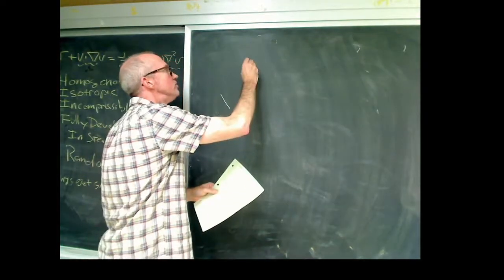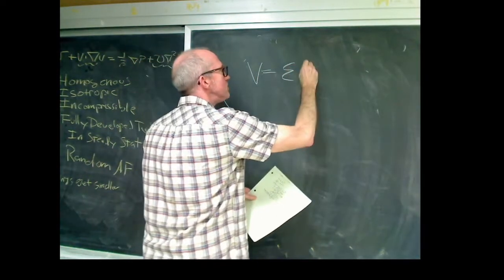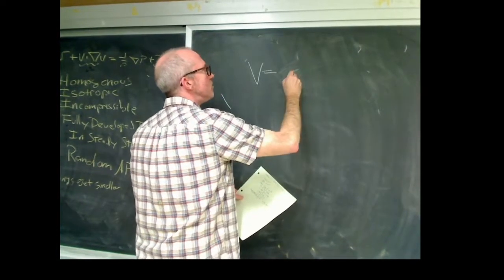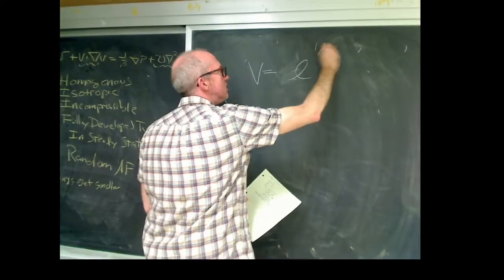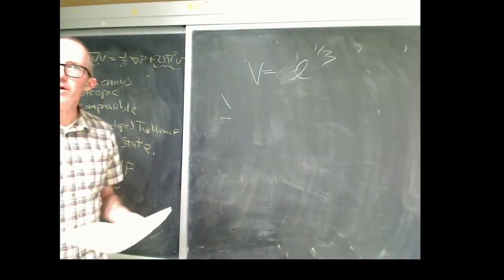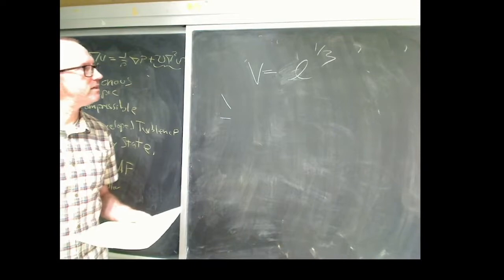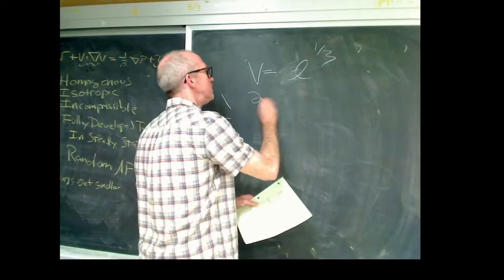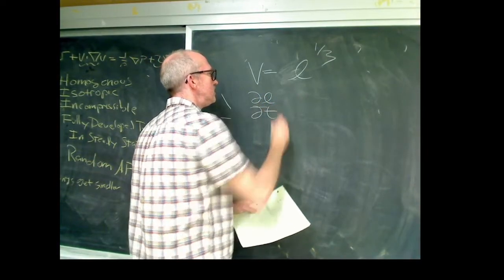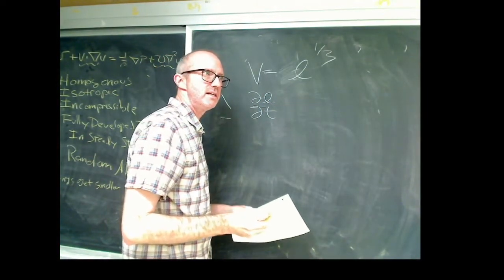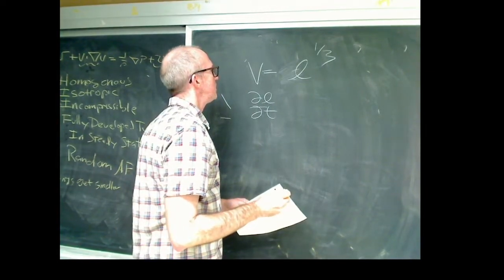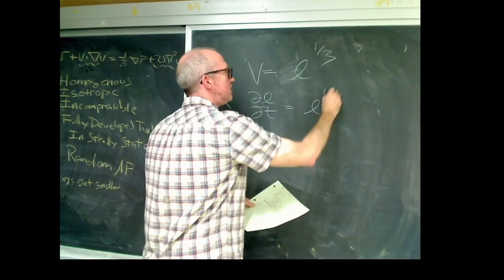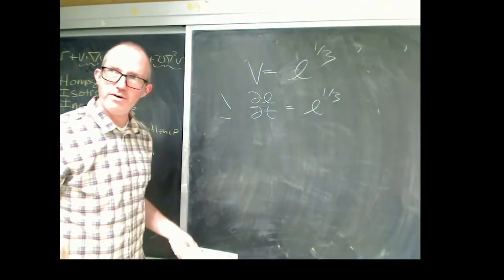Okay, in the inertial range, V equals epsilon, we'll just call it epsilon 1. V goes like L to the 1/3. V is dl dt, goes up to the 1/3.